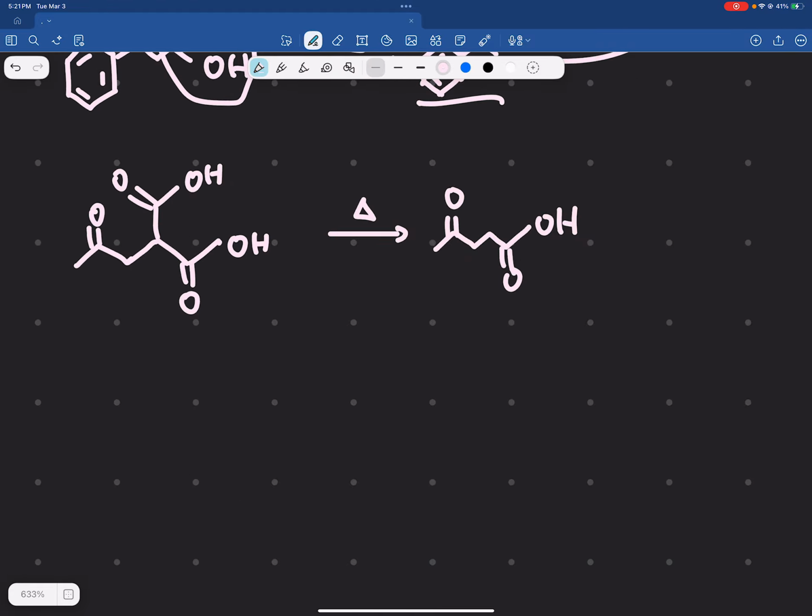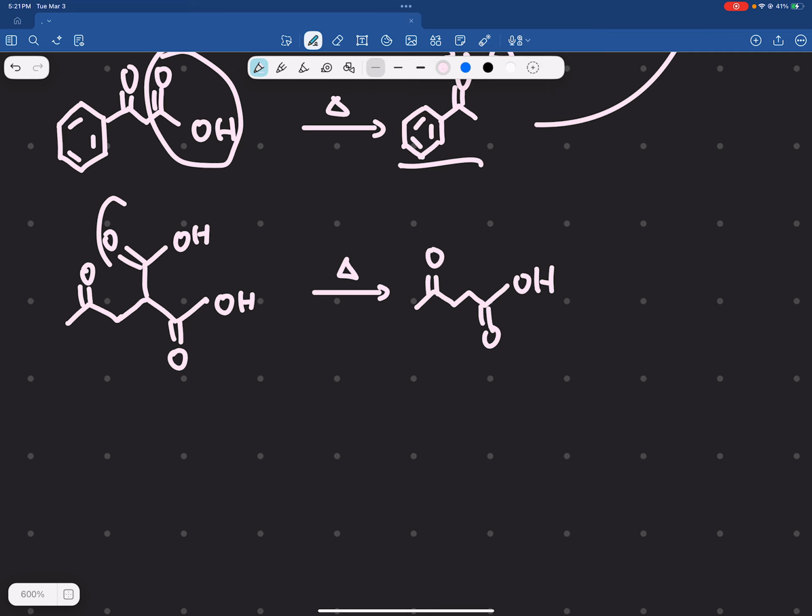So if we look at our starting product, we have 2, 3. So how do we choose which one to decarboxylate? The answer is we want a 1, 2, 3 relationship from the carbonyl group. So from 1, 2, 3, or the other way, 1, 2, 3, we want to get rid of either of these.